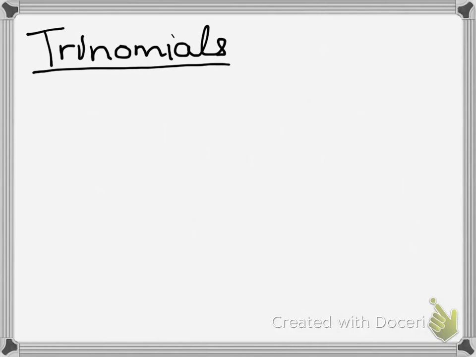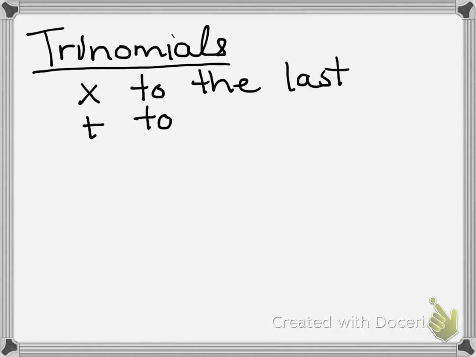Okay. Another type of factoring that we haven't looked at yet are trinomials. So this is what multiplies to the last and adds to the middle. It gets more complicated when your leading coefficient isn't 1, but in general, that's what you're looking at.